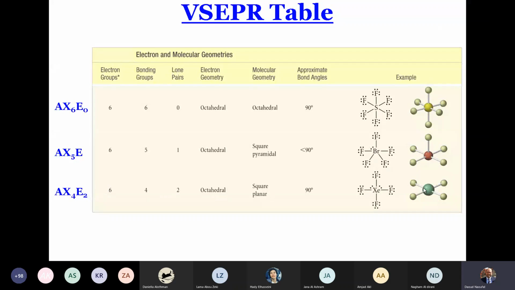So now, in all the 6 arrangements, we erase the lone pair, the NBP, the non-bonding pair. So we obtain a certain form, and this form is the geometry. I will do an example.